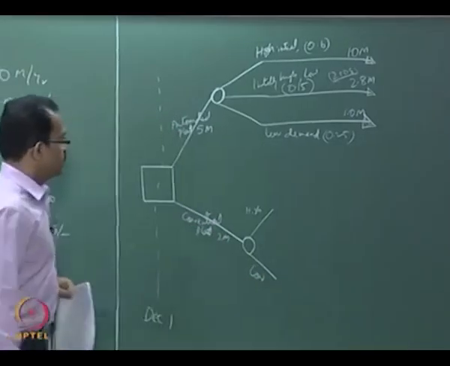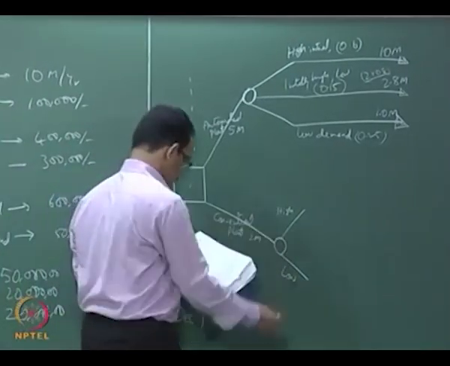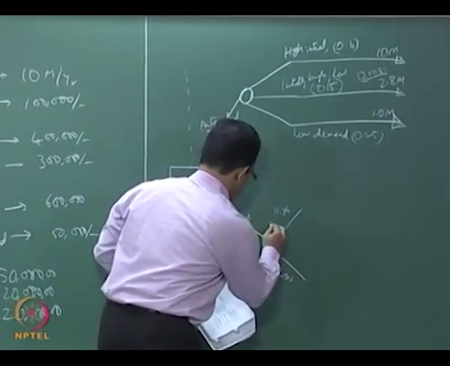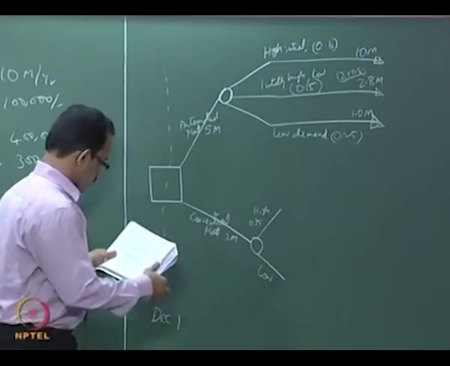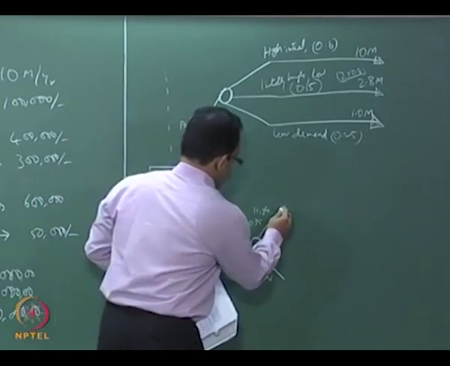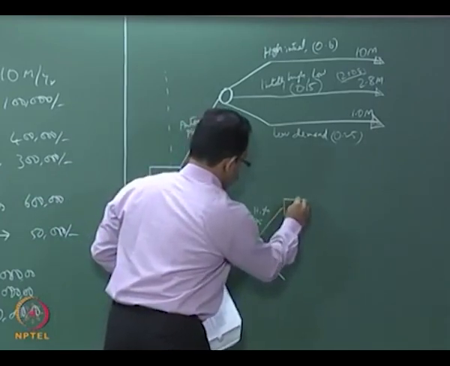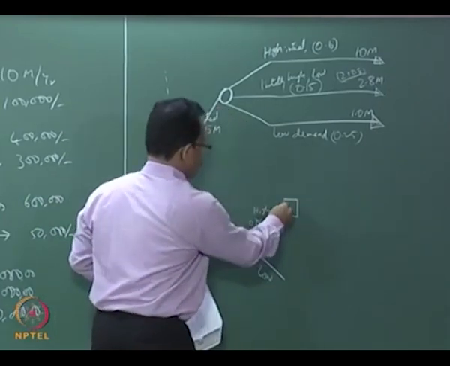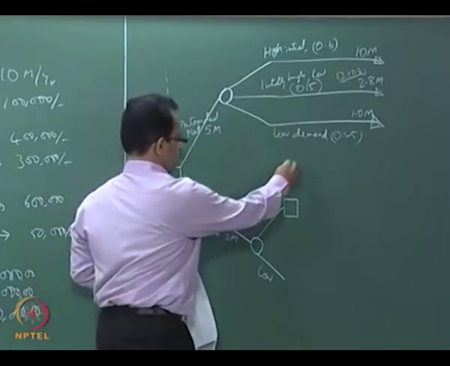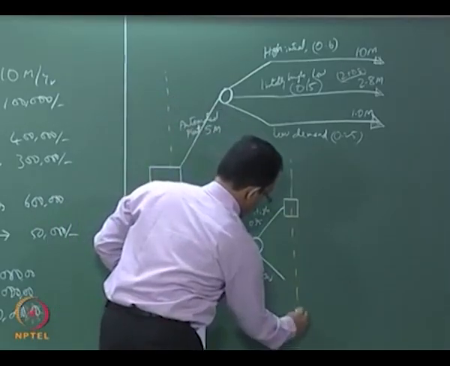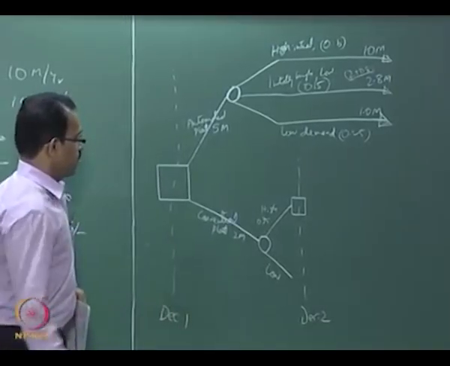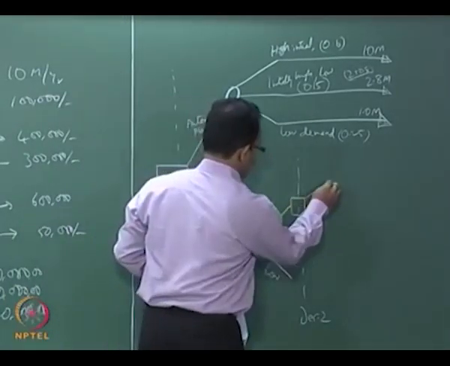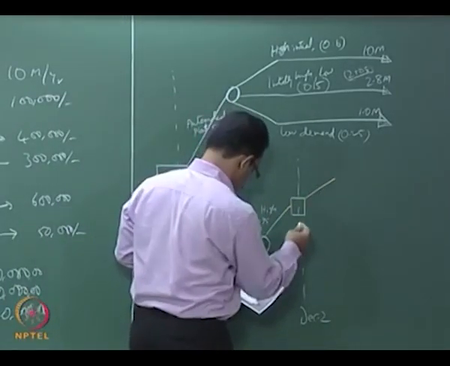So when you have a high initial demand in the first 2 years, we will actually go for this possibility, which is 0.75 high initial demand, and then in that case we will take a decision whether to go for an automated plant or upgrade it or not. So this is again a decision node, this is the decision 2. So you have another decision to be made here, and again you will be having all the 3 possibilities.